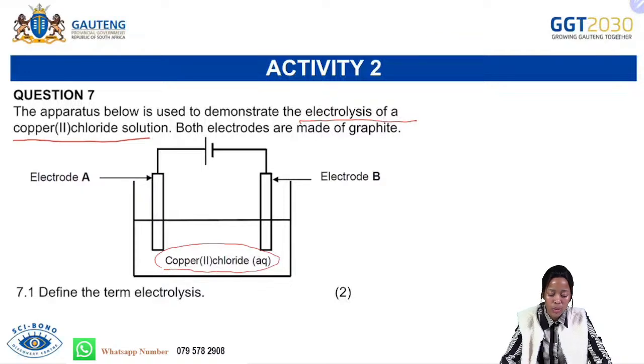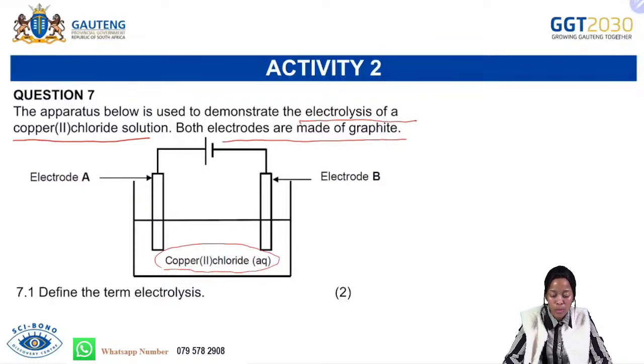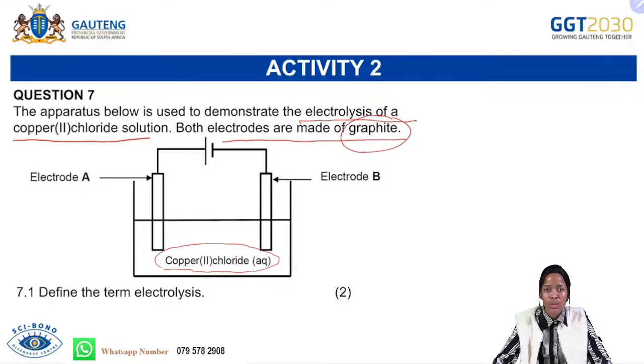Then next, it says both electrodes. So you must know what an electrode is, okay? Both electrodes, meaning where we have the anode and where we have the cathode. Both of them are made up of graphite. If you don't know what graphite is, then for some of the questions you will not be able to answer.